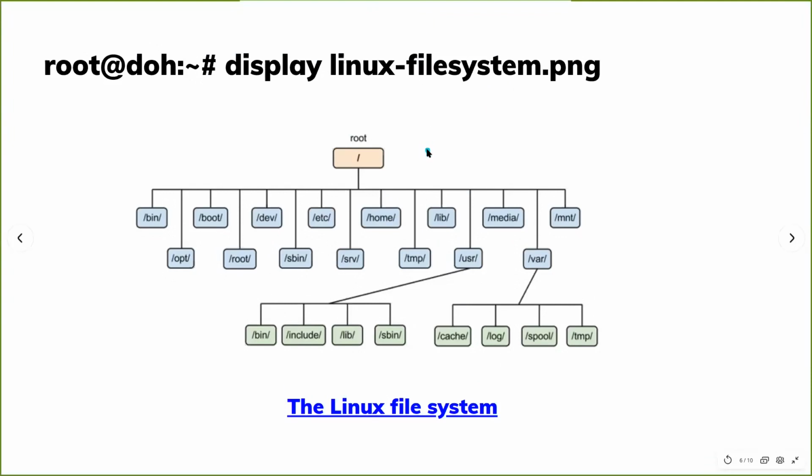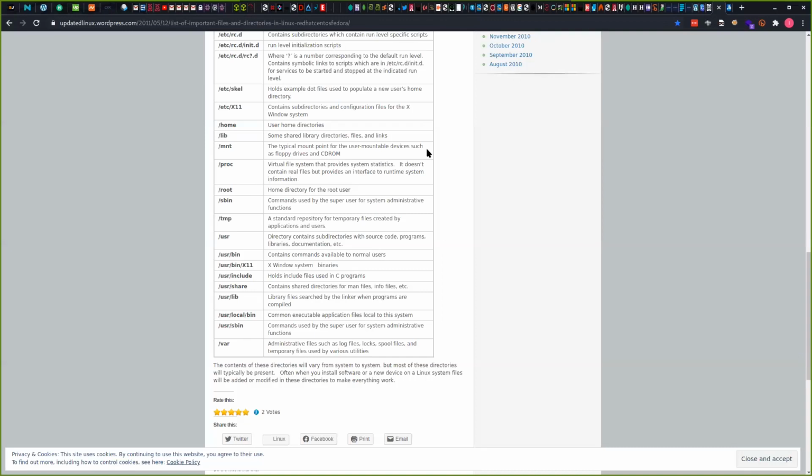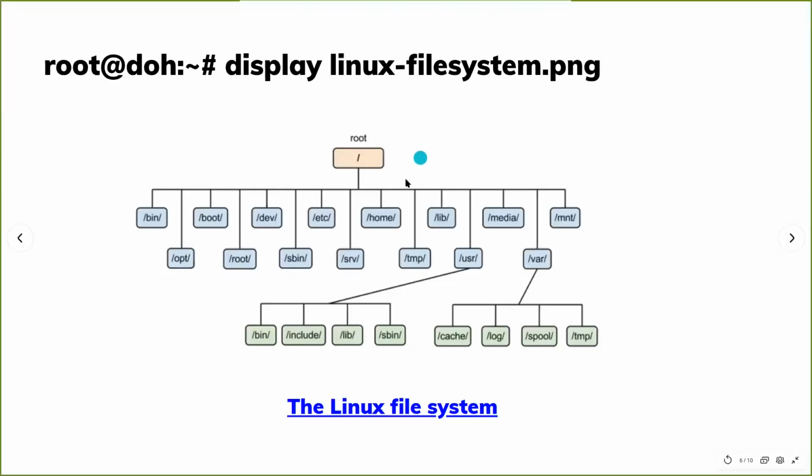It needs to store its logs somewhere, so it can store its logs in the var directory. As you can see here, you have the logs, the cache, the spool which is used by printers, and you can also hold some temporary files too. So that's an overview of what each directory stands for.